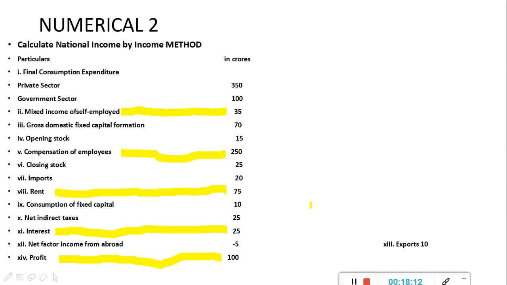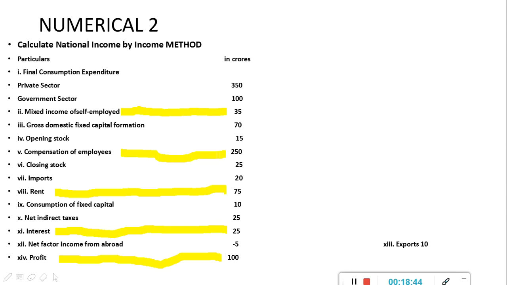Students, remember the formula again. Net domestic product at factor cost is equal to compensation of employees plus operating surplus plus mixed income of self-employed. Now here in the question, compensation of employees is given as 250. Always remember to draw a line in front of the values given so that you will not be confused in the values given in the question, and you will write the correct value while calculating national income.